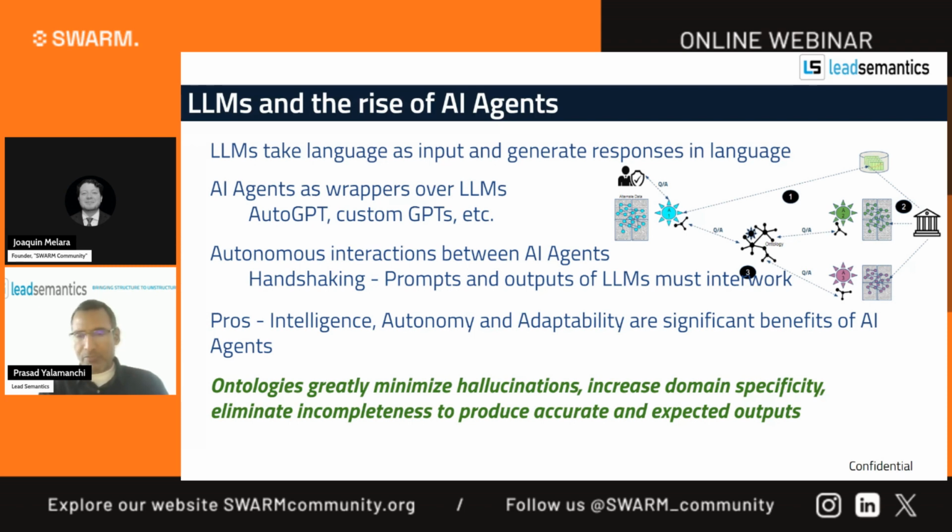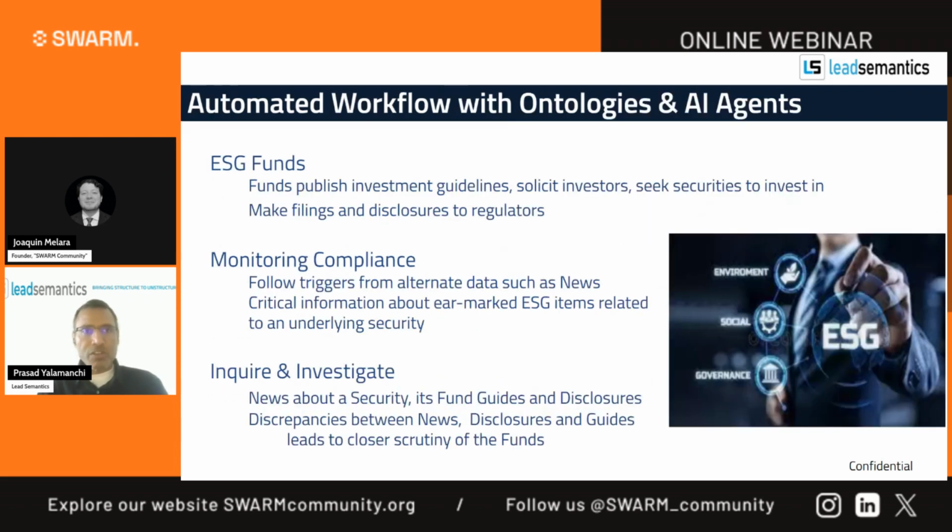A specific workflow by definition is accomplishing something that is materially progressing some business need. They eliminate the so-called incompleteness problem with general interactions with LLMs. And so the net of it is that these agents are prone to producing accurate and expected outputs. So the interactions become a lot more fruitful.